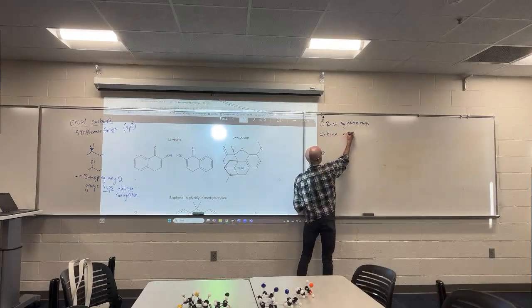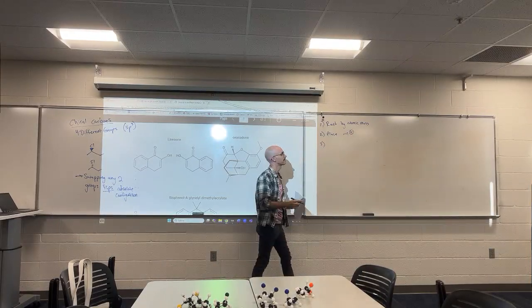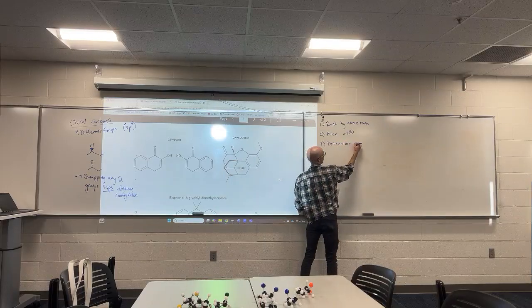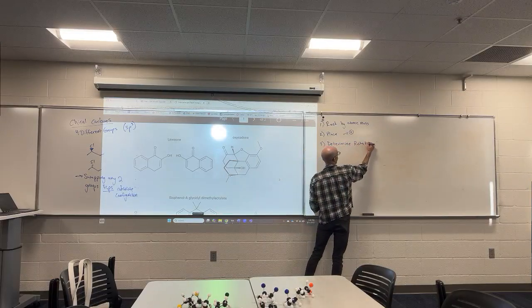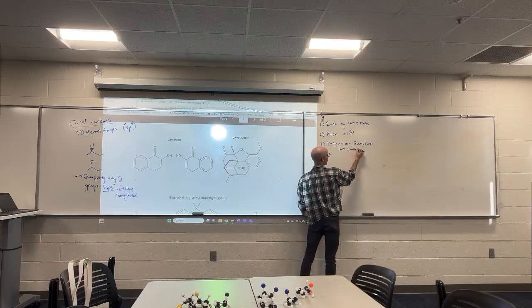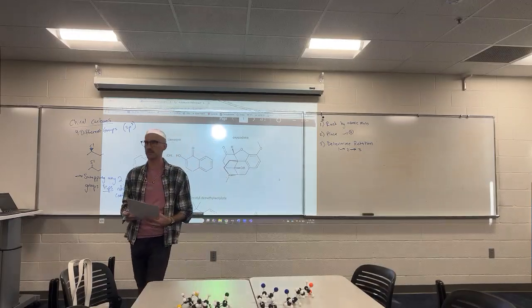Good. Place priority number 4 in back. Then determine rotation from 1 to 2 to 3. Do not try to get 4 into rotation.